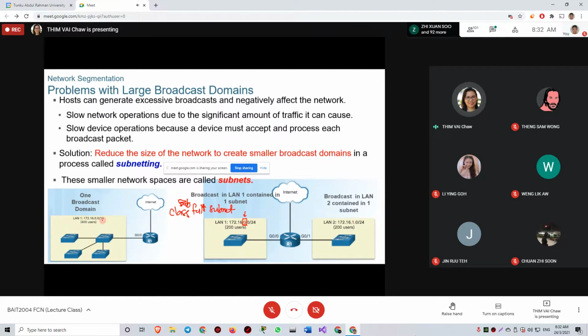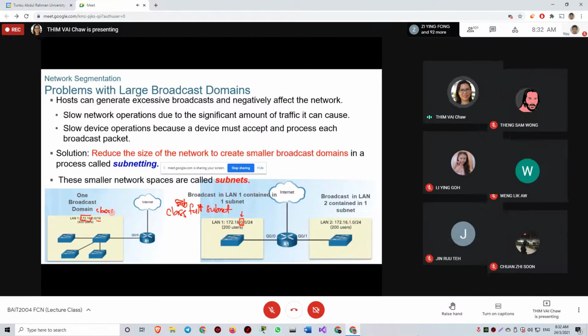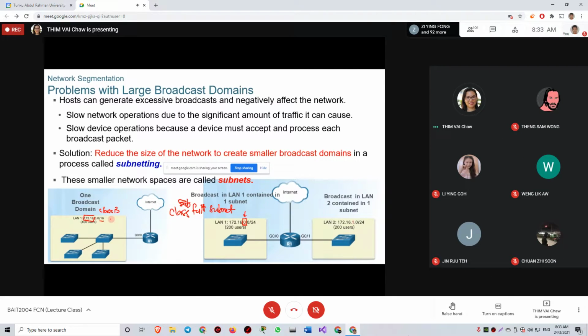The original is /16 because this belongs to class B.